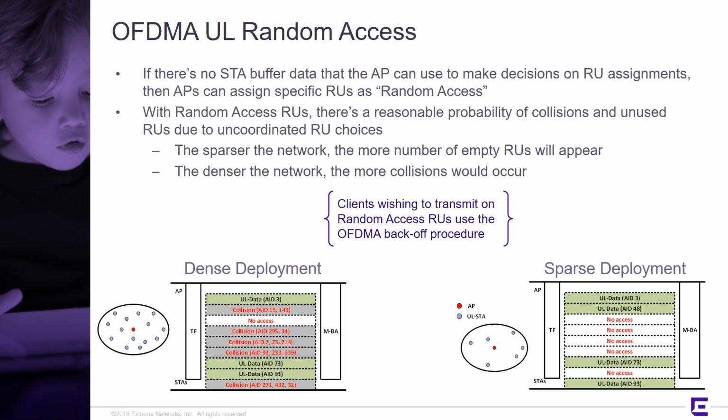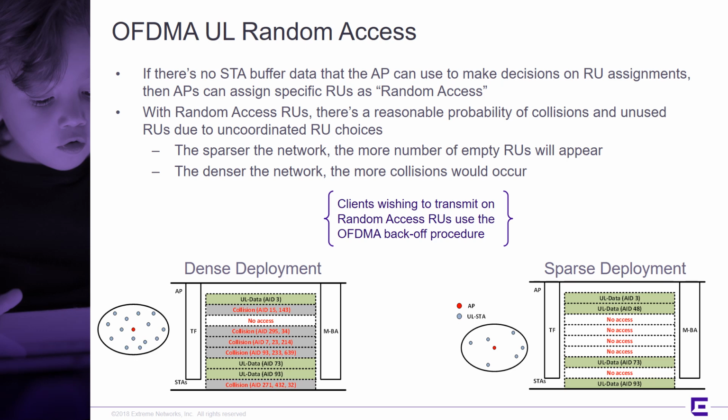It's not using the channel very well. And the denser the network, the more collisions are going to occur if you're assigning these RUs as random access, because you have more clients trying to get onto various RUs. So it's always going to be better that the stations are queried with BSRPs and offer the BSR back to the access point so that they can be assigned carefully and optimally for efficiency purposes.